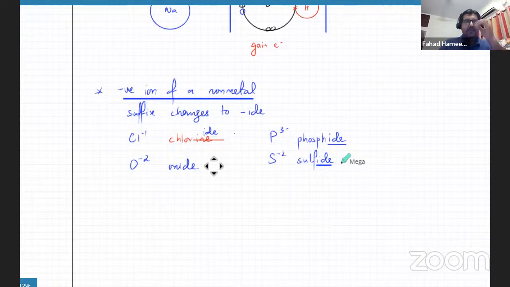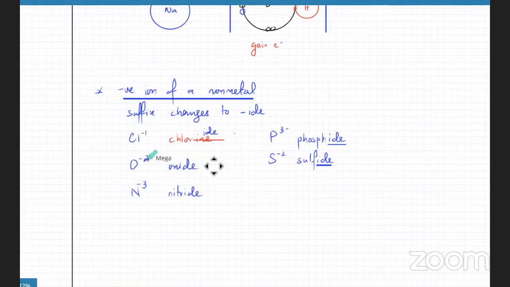Okay, so if I have nitride, what is the formula we're talking about? If they refer to something as nitride, they're basically talking about just nitrogen, nothing else. And nitrogen is in group 5. So what is the charge? That's -3.